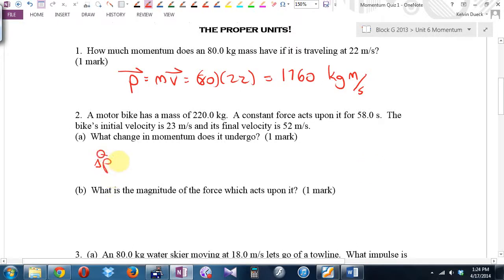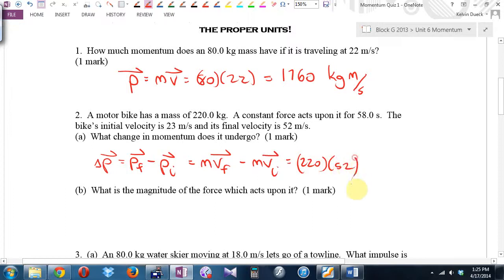So change in momentum, I think I'm going to use final minus initial, which is going to be mv final minus mv initial. It's going to be mass times v final. I don't see a change in direction mentioned anywhere, so I don't need to let one of these be negative. I think we're good. Minus mass times v initial. Hello, there it is.